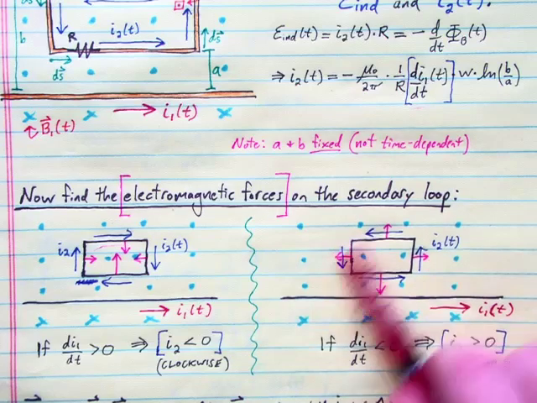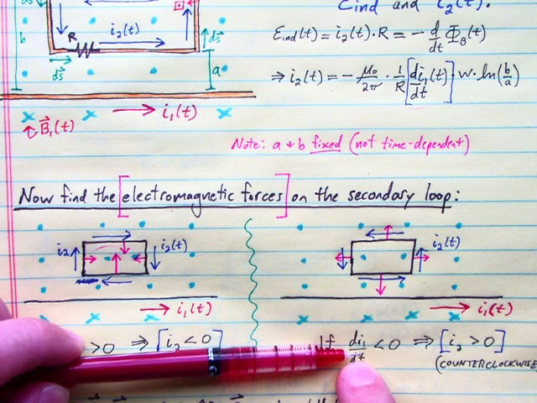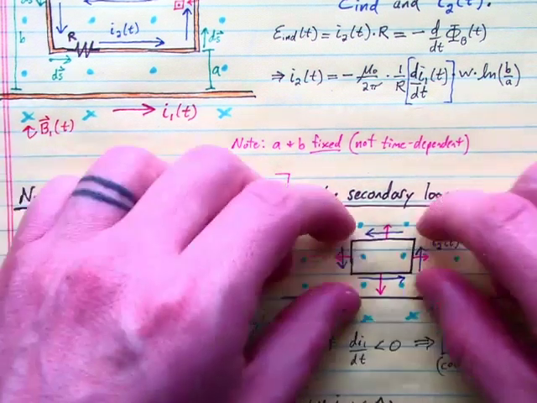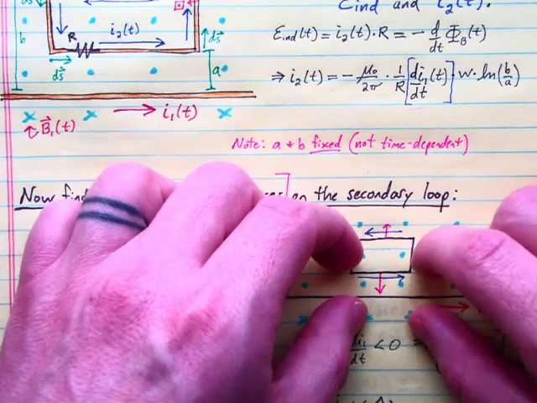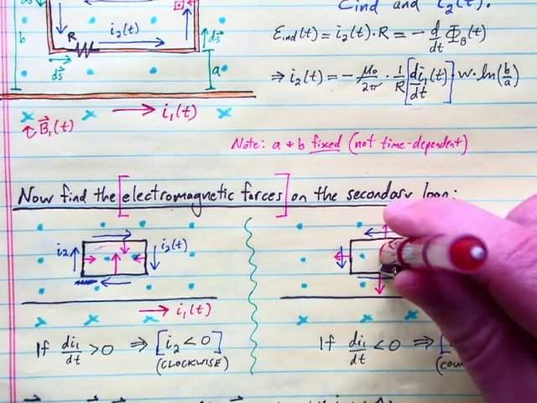Likewise, over here, if the current is decreasing with time, then the forces conspire to pull our secondary loop towards the primary. If the current is decreasing, that means this outward flux is decreasing with time.